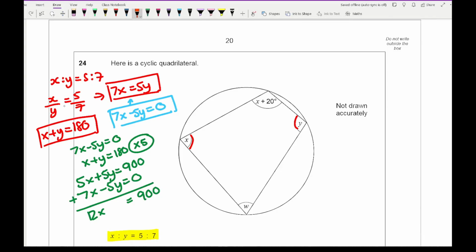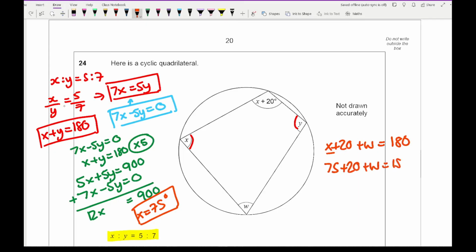So from this I get x equals 75 degrees. Now I don't necessarily need to work out y, so using these two angles, x plus 20 plus w equals 180. I know that x equals 75, so 75 plus 20 plus w equals 180. 95 plus w equals 180, so w equals 85 degrees, and there is my final answer.